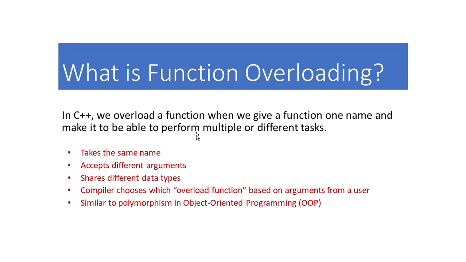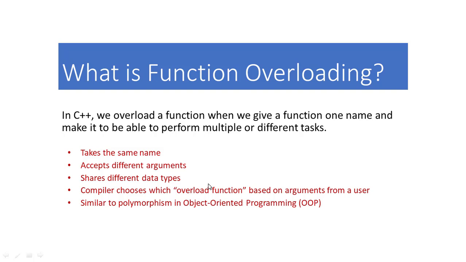In the process, they accept different numbers of arguments. So, a function that is overloaded takes the same name, accepts a different number of arguments, and shares different data types.